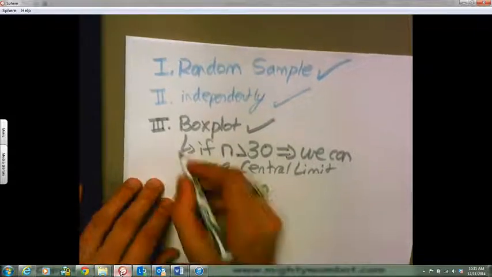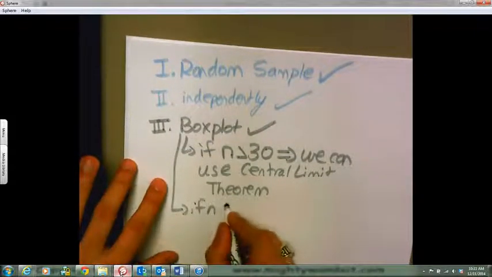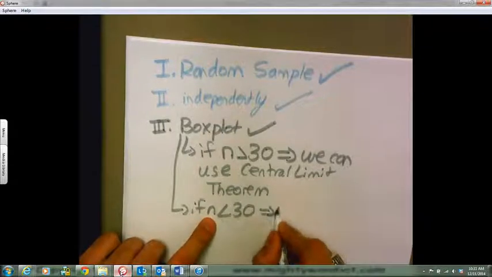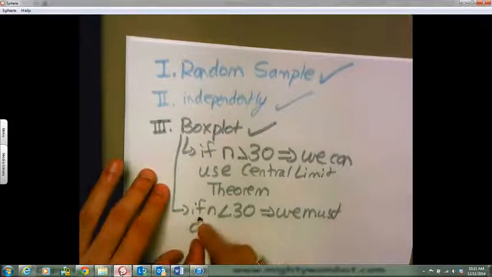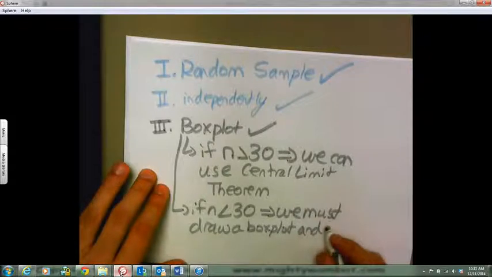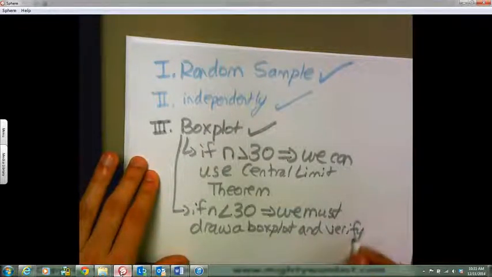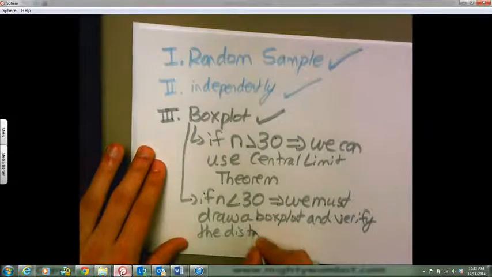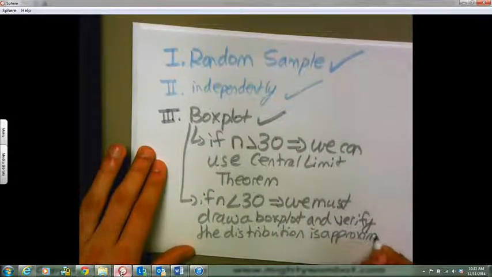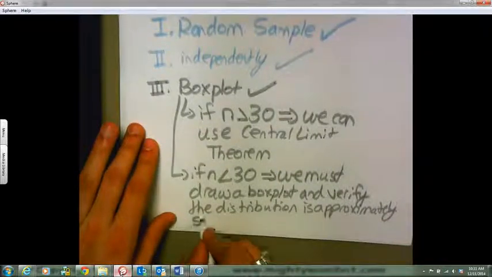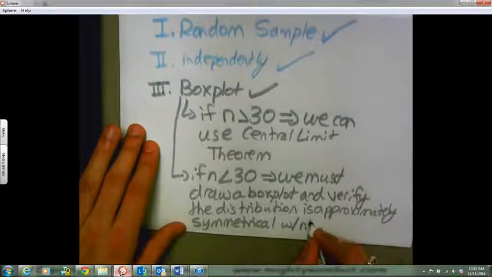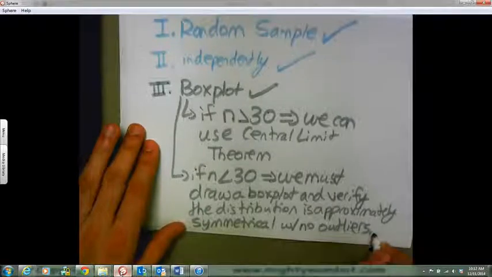But if n is less than 30, in other words, remember n is just the sample size, if the sample size is less than 30, then we must draw a box plot and verify the distribution is approximately symmetrical, with no outliers, or very few, like maximum 1 outlier, maximum. But you need to say that.